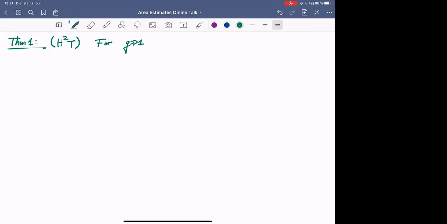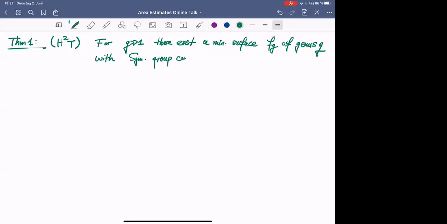So we can show that if we have a large genus, then we can show the existence of a minimal surface of genus G with symmetry group containing Z_{G+1}. To be honest, this is really not a new result because we will just reconstruct the Lawson surfaces. And also it works for every M and K, just for here.